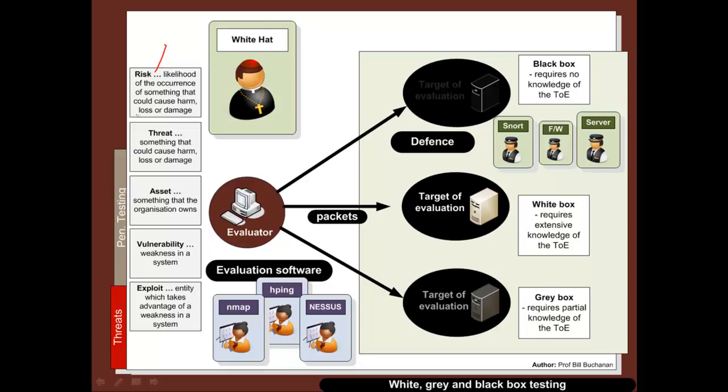Then we have the term threat, and that is something that could cause the actual harm or damage to some form of asset which the organization owns. So this could be computer systems, or it could be data, or it could even be the people employed inside the company.